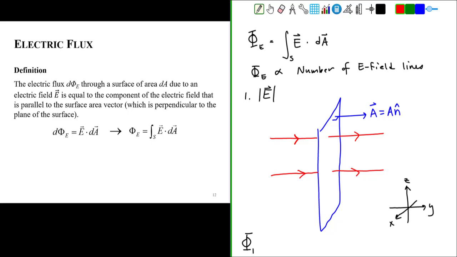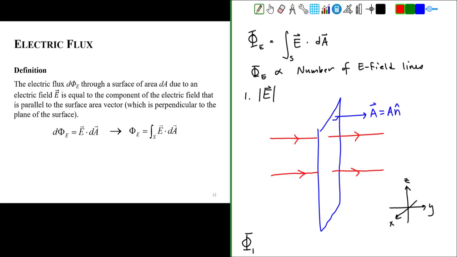Two field lines passing through the surface. So the flux represented by this is now double what it was before. Two field lines, same area, same orientation, the flux is doubled.